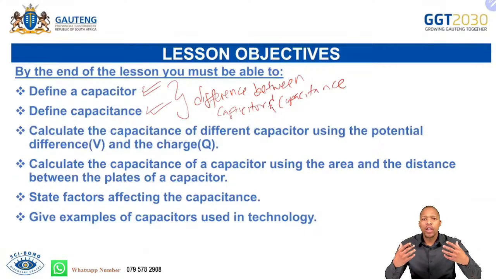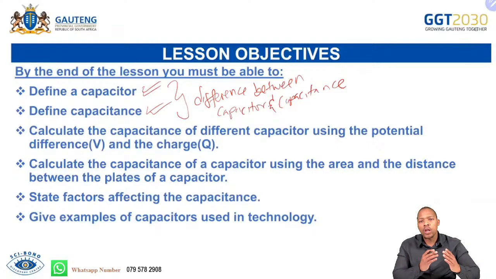When you're talking of a capacitor, you're talking of a device, a tangible thing, something that you can actually touch, place and take. But when you're talking of capacitance, it's the concept of the device itself. So capacitor and capacitance, there's a difference between the two.